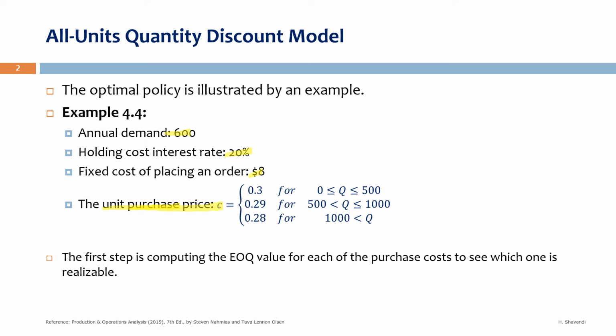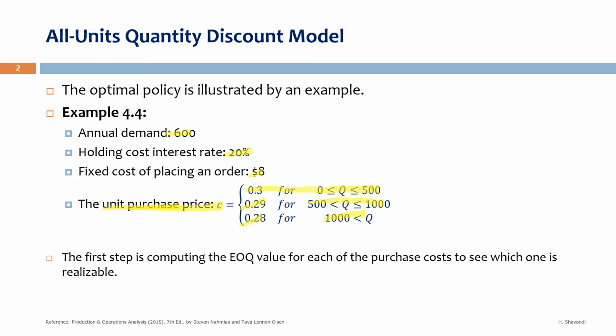If the order quantity is between 0 and 500, then the unit price is just 30 cents. If quantity lies between 500 and 1,000 units, then the price decreases to 29 cents. There will be 1 cent as a discount. And if quantity is greater than 1,000, then the price is 28 cents.